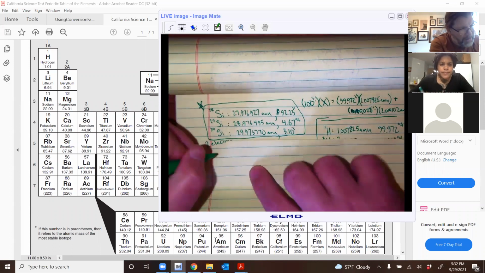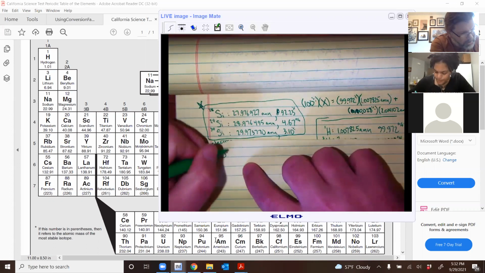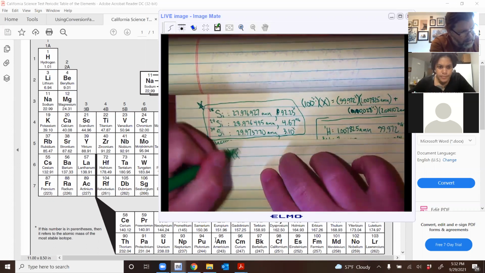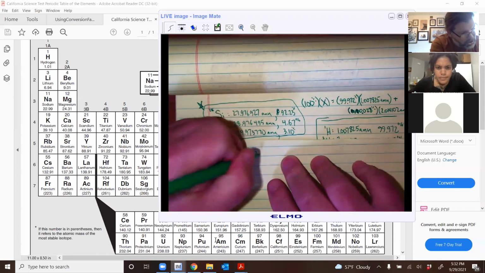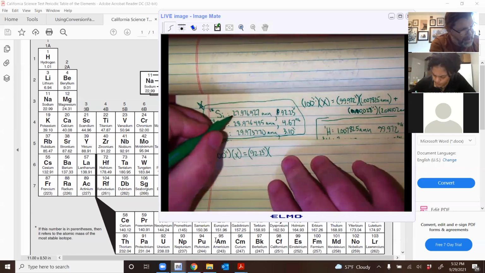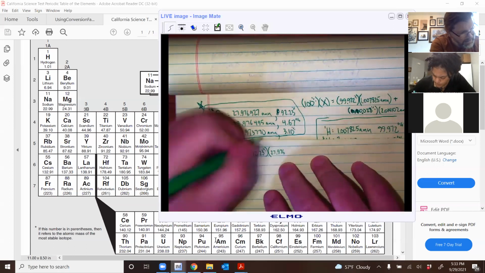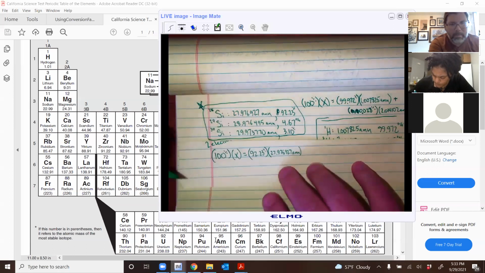So if I'm calculating the average atomic mass of all 100% of my silicon atoms, 92.23% of them are going to have a mass of 27.976927 atomic mass units.